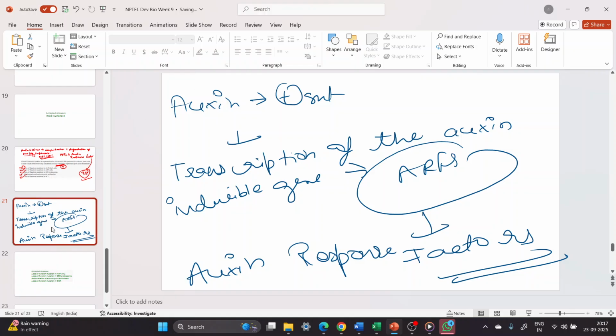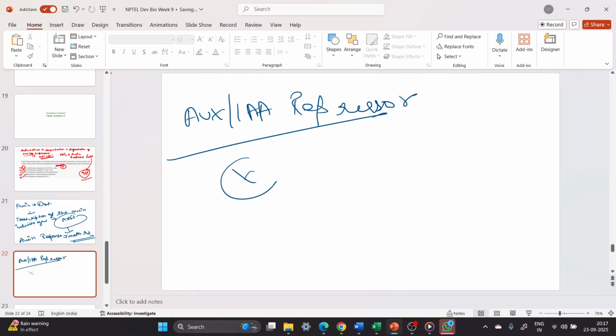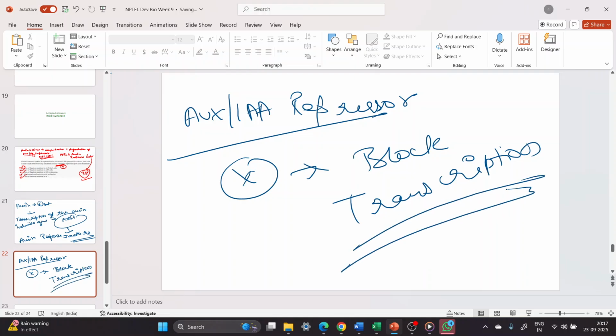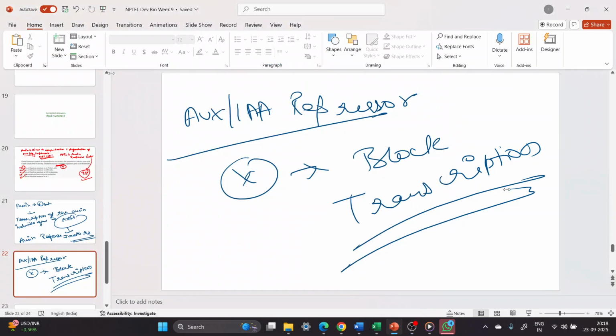And if auxin is not there, then what happens? This AuxIAA is a repressor. It will block the transcription. So transcription would be blocked in this case. This is the main concept behind it. So I hope this is clear to you.